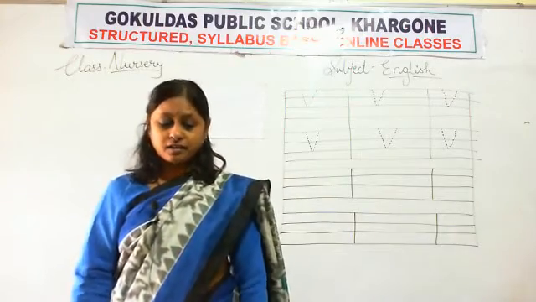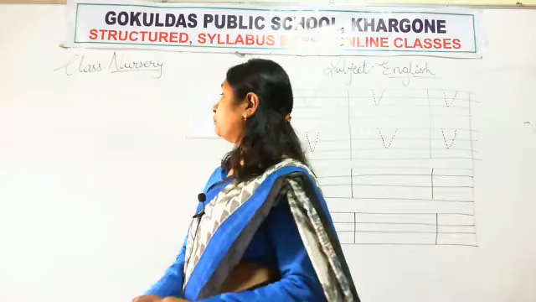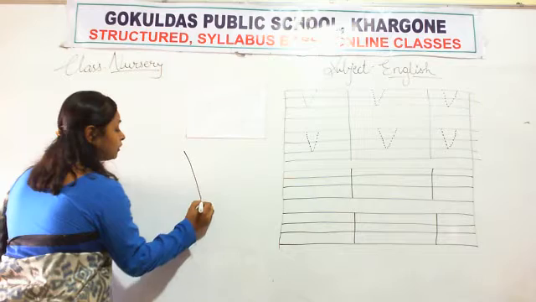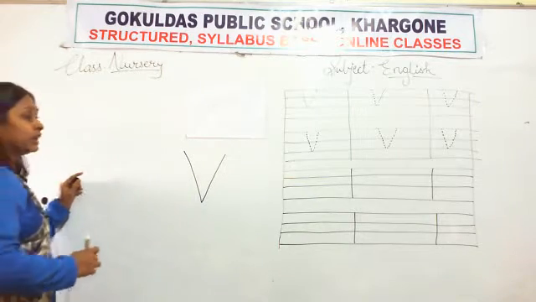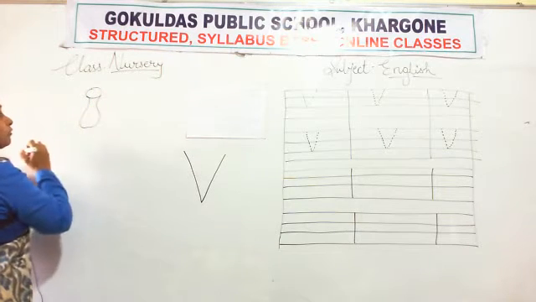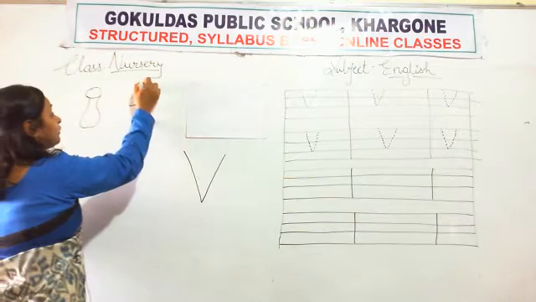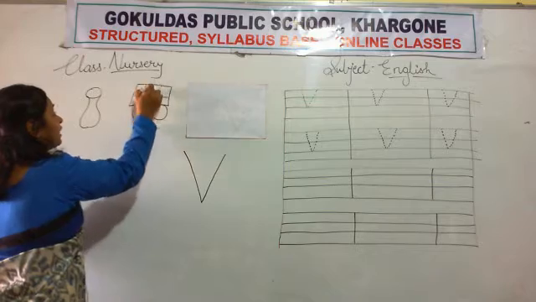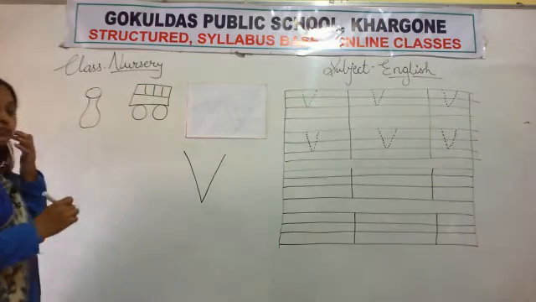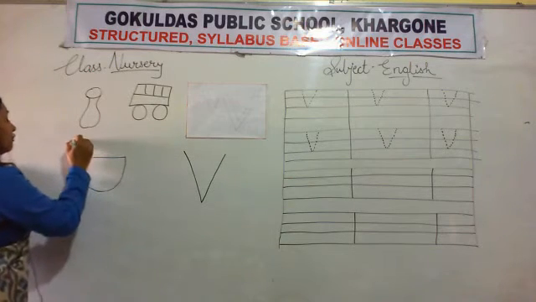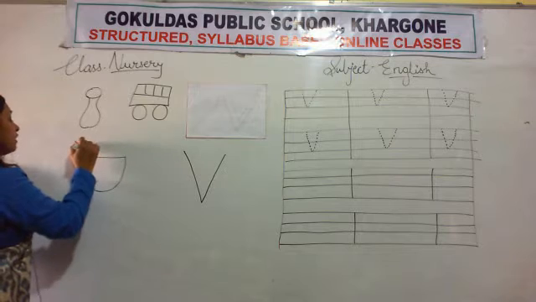So today we will learn the formation of letter V. Okay, V for vase. V for van. V for vegetables. Yes.